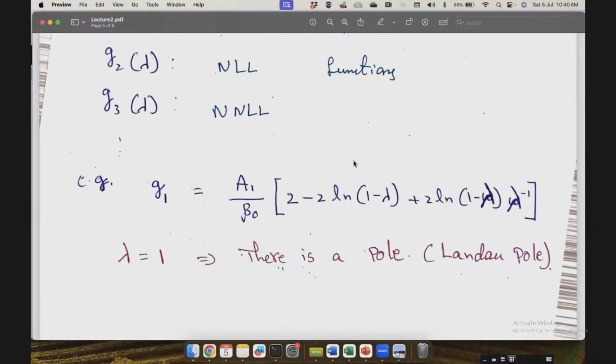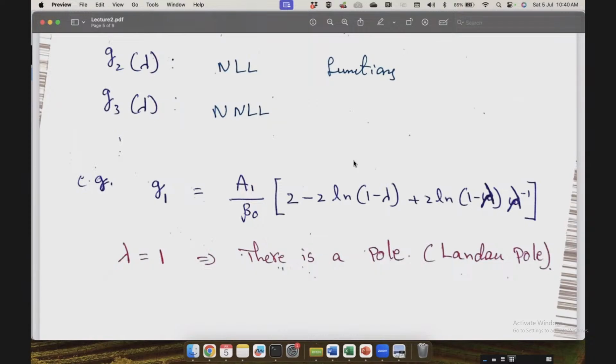You will see sometimes, in the beta functions, some of the coefficients have 1 by 1 minus the coupling constant times some terms involving the scales. When the log of q square by mu square becomes very large, then the entire denominator becomes 0. So they have some sort of serious problems.